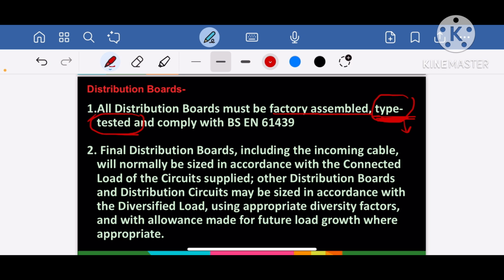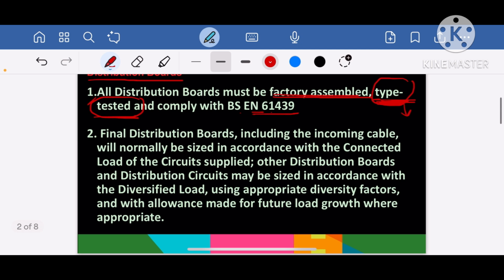As of now, as our topic is distribution boards, as per ADDC regulation all the distribution boards should be factory assembled, should have passed the type test, and should comply with the BS EN 61439 standard.